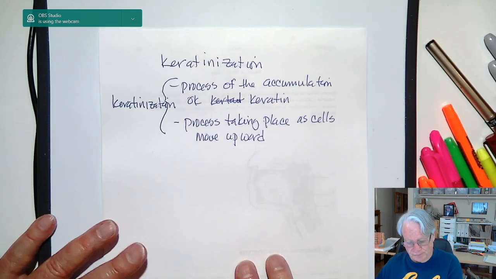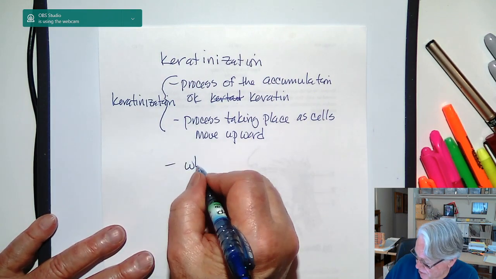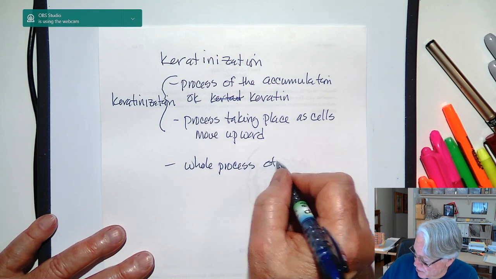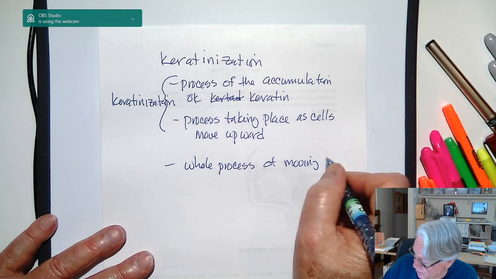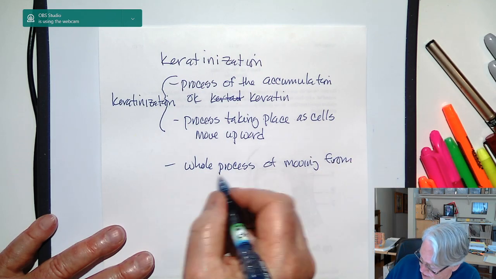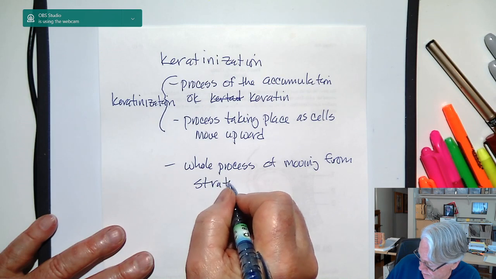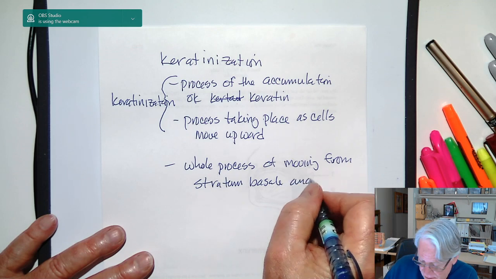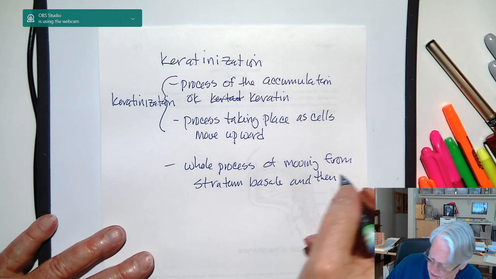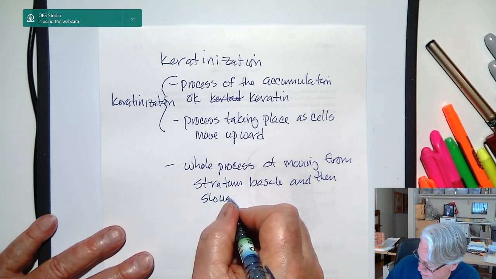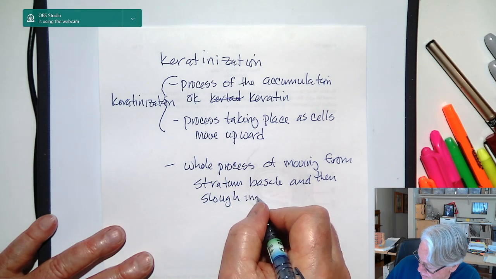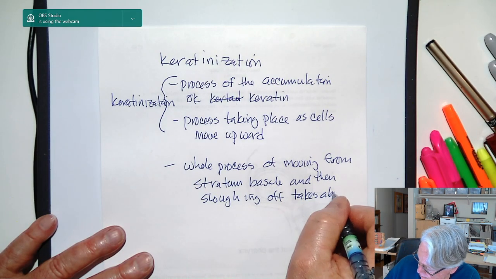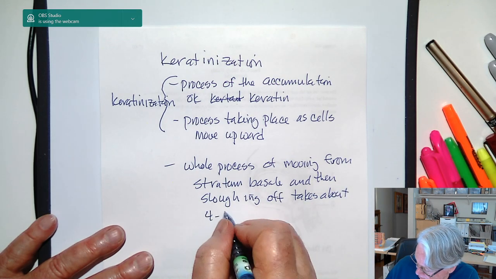Okay. The whole process of moving from the stratum basale and then sloughing off takes about 4 to 6 weeks.